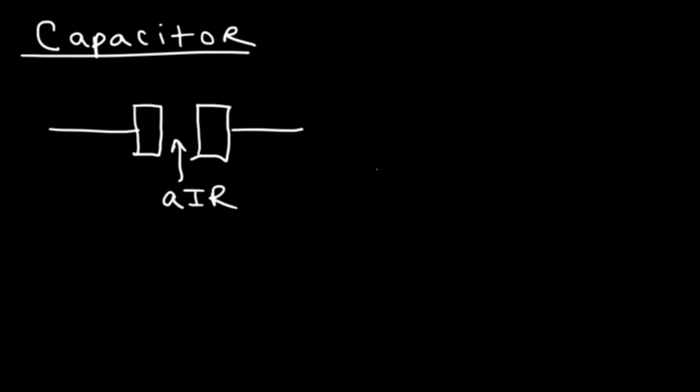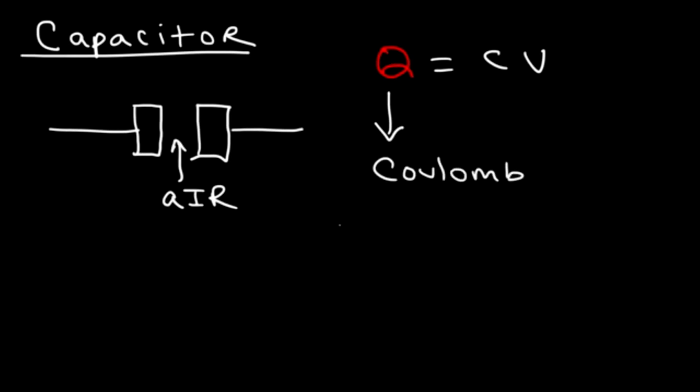Now there are some equations that you need to be familiar with. Q is equal to CV. Q stands for the charge, and the electric charge is measured in the units coulombs. 1 coulomb is equal to 1 amp times 1 second.